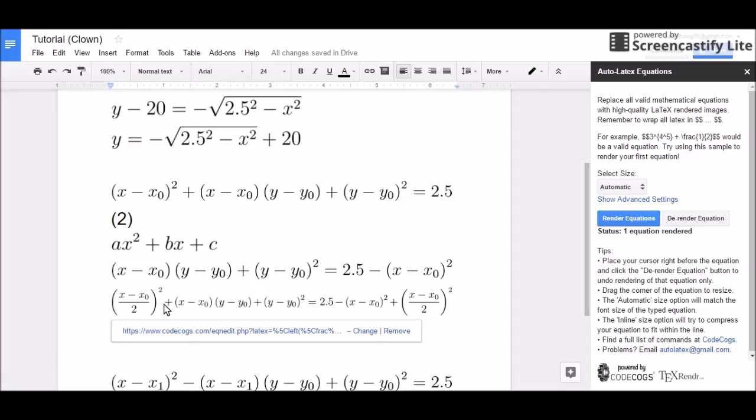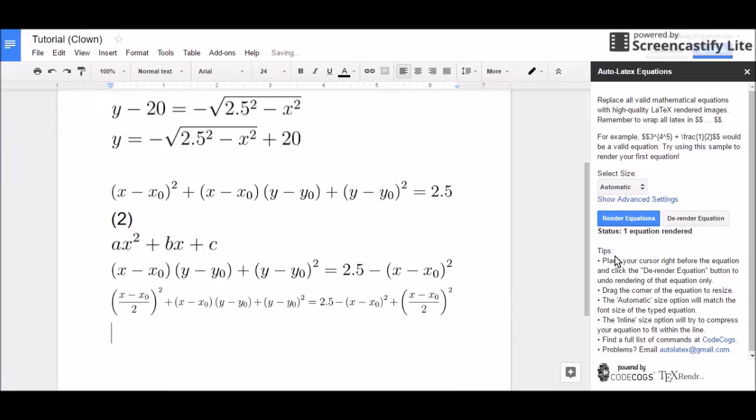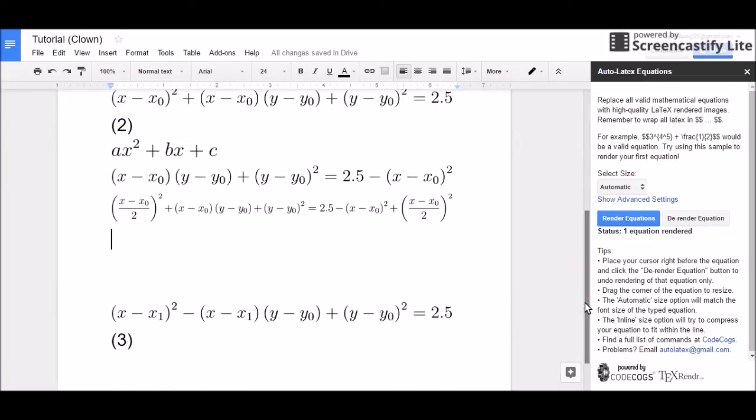Perfect. And then we can just take the square root of both sides. And before I get too ahead of myself, it'd be better if we factor this out.